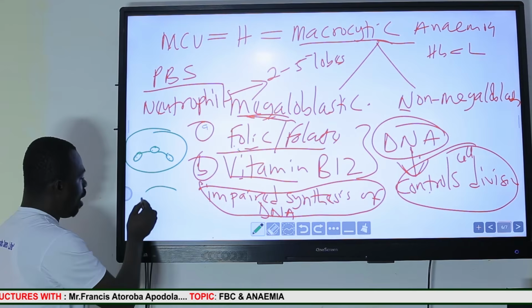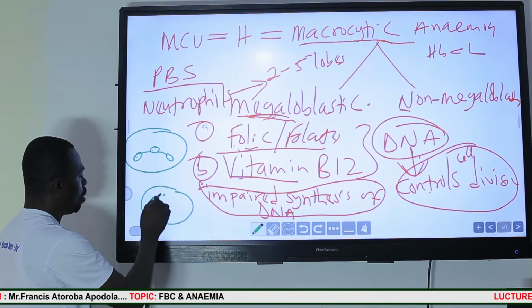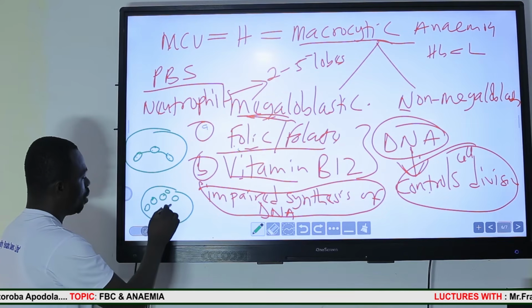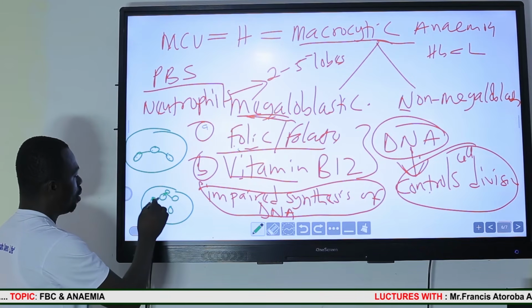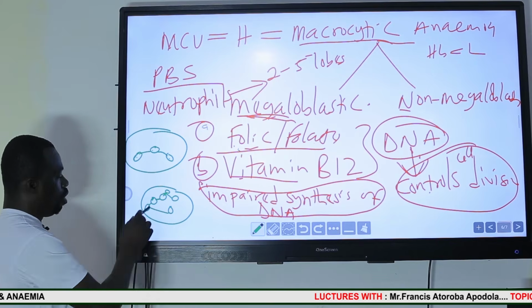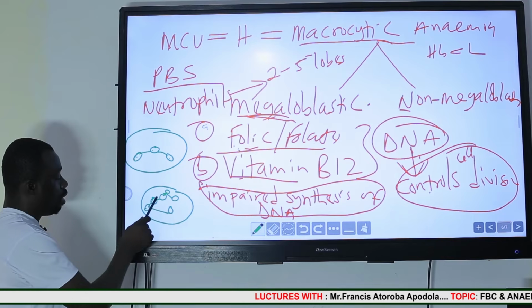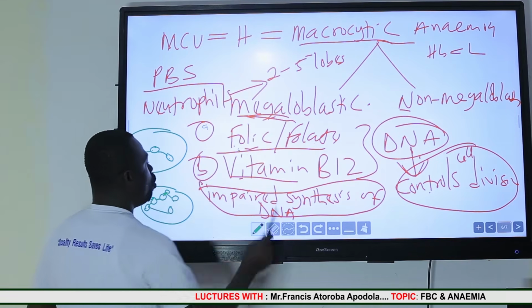So, if I have a cell this way, how many lobes does this particular neutrophil have? 1, 2, 3, 4, 5, 6. A normal neutrophil has 2 to 5 lobes.